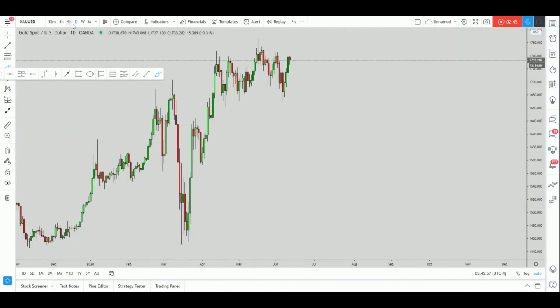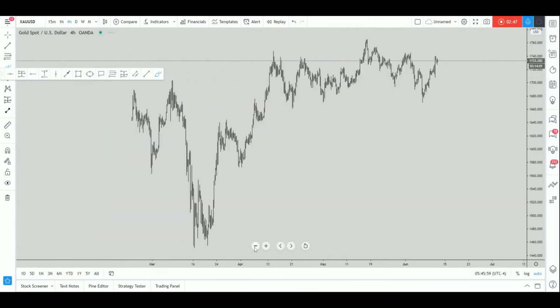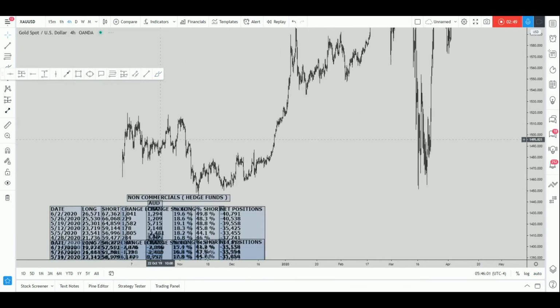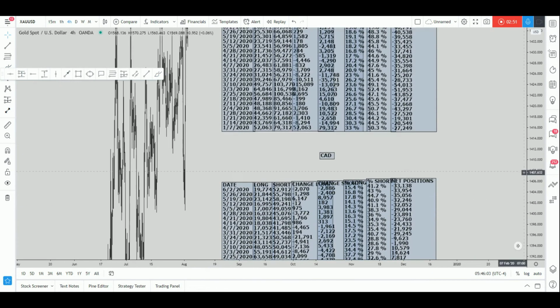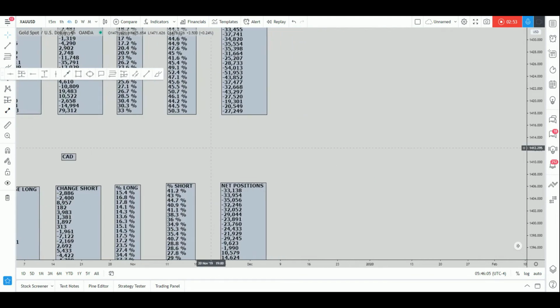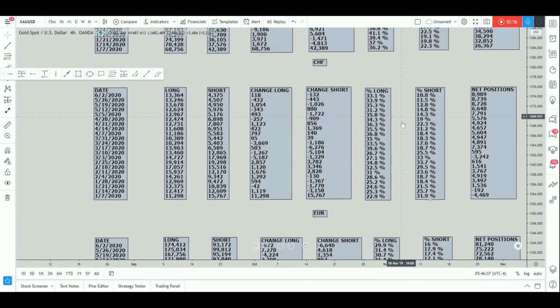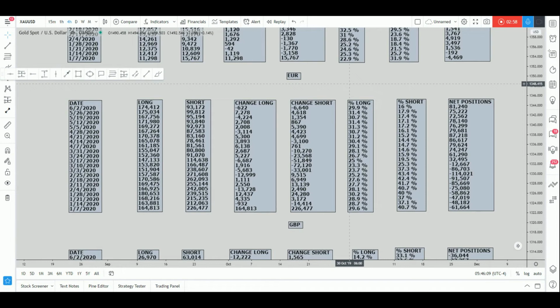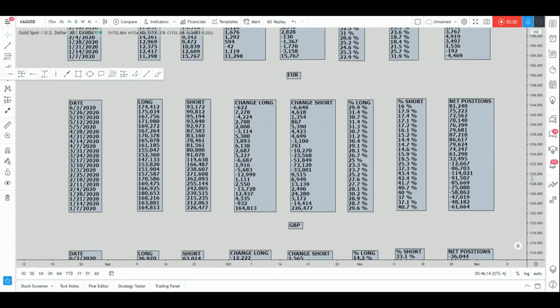Before I show you how we will approach this with students, I want to show you what kind of situation we currently have from a COT perspective on the euro and on the CHF. If we look at the COT data, the commitment of traders, what the biggest institutions and speculators in the market are doing, the non-commercials.